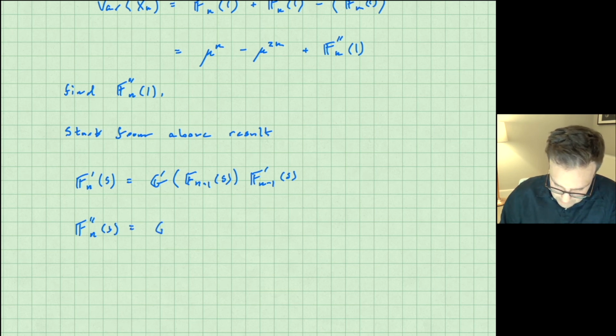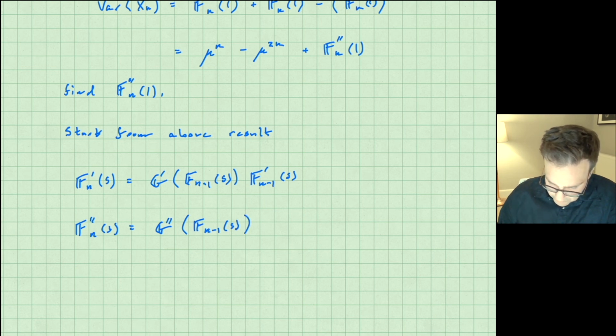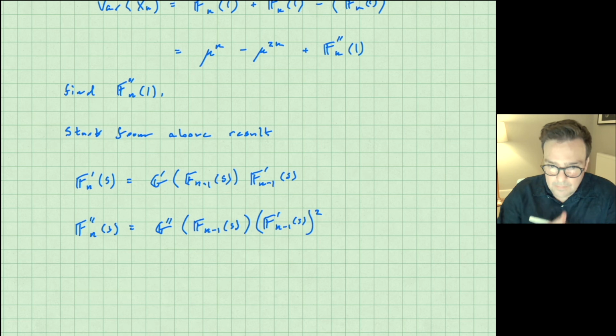Okay, the second derivative of this guy times the derivative of its inside, but that's already on the outside, so I've got this thing squared. Like that.